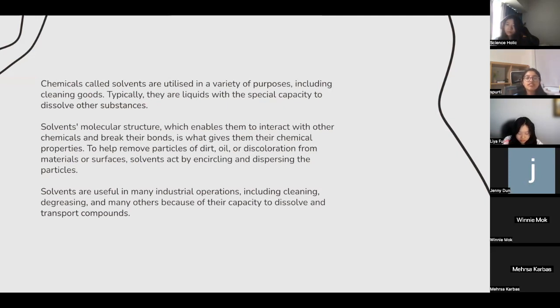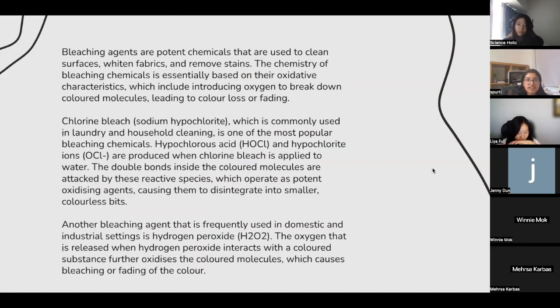To help remove particles of dirt, oil, or discoloration from materials or surfaces, solvents act by encircling and dispersing the particles. Solvents are useful in many industrial operations, including cleaning, degreasing, and many others because of their capacity to dissolve and transport compounds.